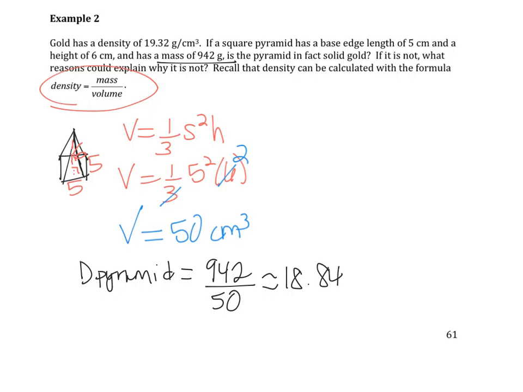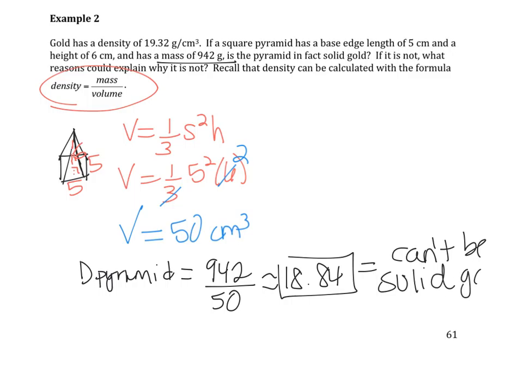As a result, the pyramid can't be solid gold, because we were told earlier that gold has a density of 19.32. So this clearly is a value that is less than that.